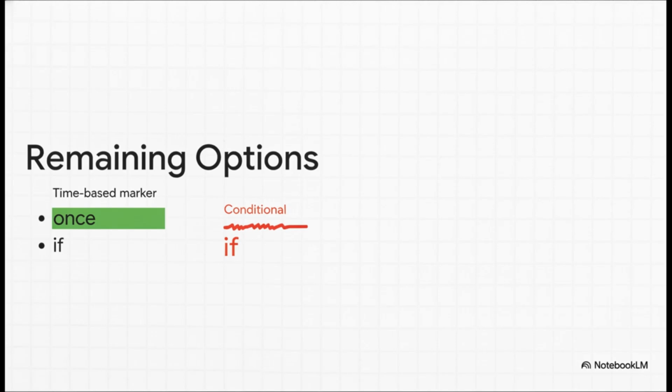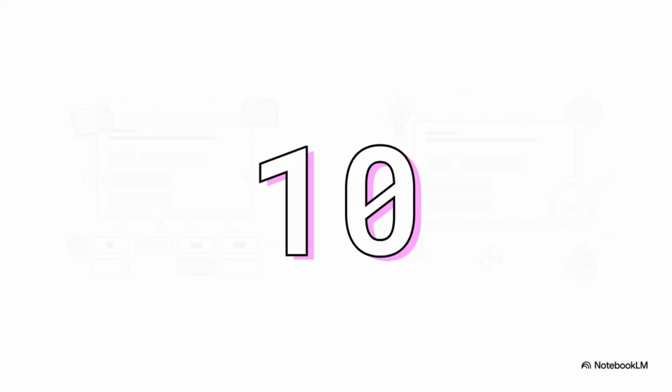If we used if, we'd be creating a condition and we would need a dependent clause. Something like, if you are ready to start, you must do X. But there is no conditional dependent clause here. The sentences are actually flowing as a sequence in time. Because of that, once, which acts as a time-based marker, meaning at the point in time, is the only correct choice. Once you are ready to start, it's time to start building a great team.